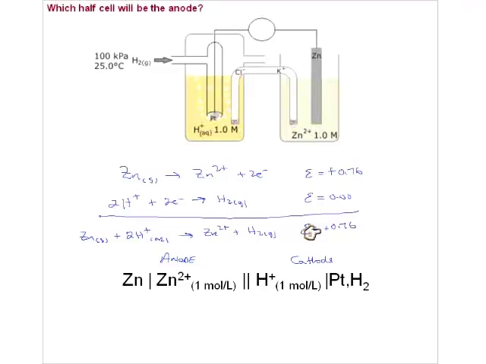Because the electrons always flow from zinc to hydrogen, that's a spontaneous reaction. As soon as we hook this up, the electrons spontaneously start going in that direction. They never go backwards. They always go from zinc to the hydrogen half cell. So we would refer to that as a spontaneous chemical reaction.